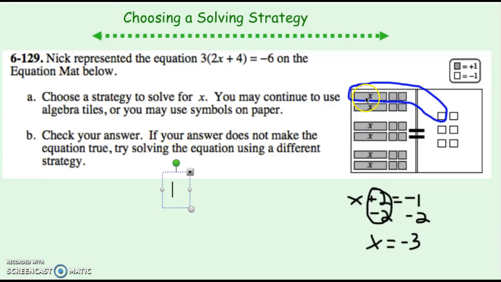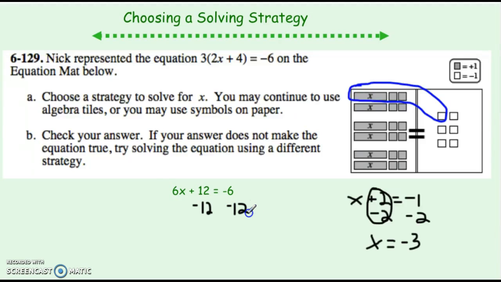I'm going to count my x's, 1, 2, 3, 4, 5, 6x, plus, and I have 1, 2, 3, 4, 5, 6, 7, 8, 9, 10, 11, 12 tiles equals -6 on the right, and then I would go through and solve for x. So if you're adding anything, you have to first start with subtracting.